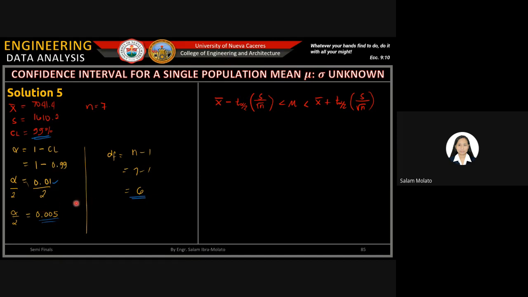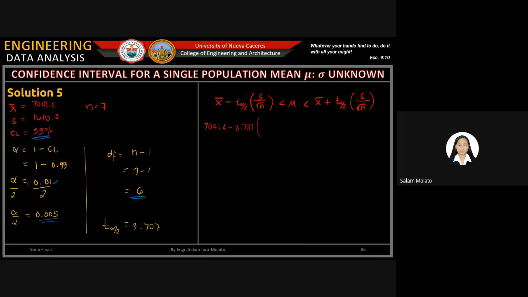Okay. So, again, yung nakita natin na value ng T sub alpha over 2, we know that T alpha over 2 is 3.707. Tama? Oh, di, kompleto na. Direct substitution na lang. Alright. So we have bar X is 7041.4 minus T alpha over 2 is 3.707.